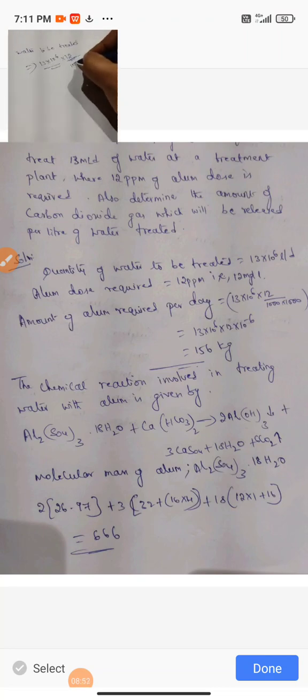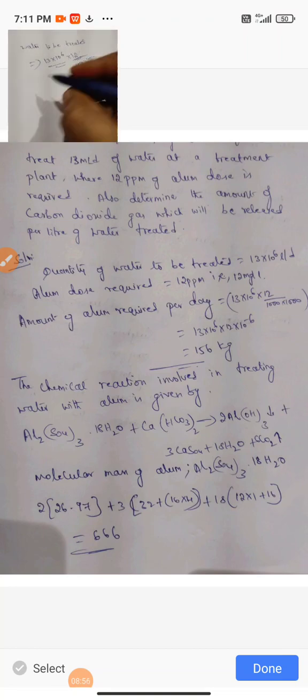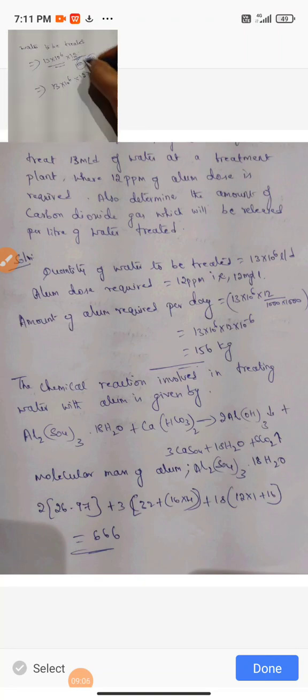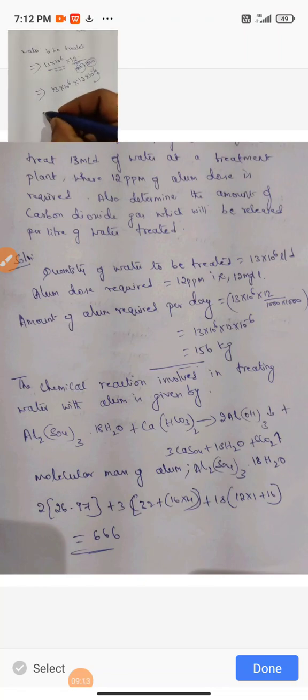Milligrams should be converted into kg, that means 1000 into 1000. Then this will become 13 into 10 raised to 6 multiplied by 12 into 10 raised to minus 6. 1000 into 1000, when it goes up, it is 10 raised to minus 6. Then it will give the value of 156 kg.